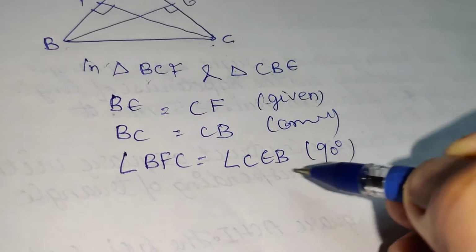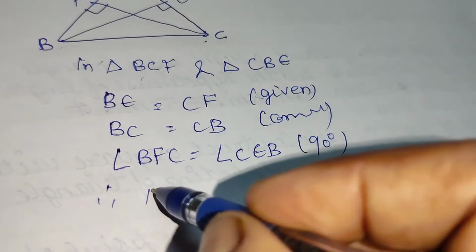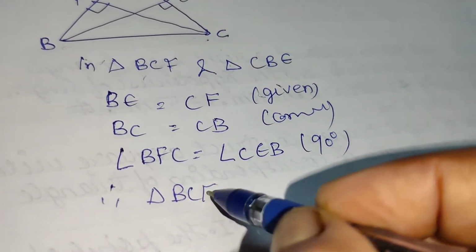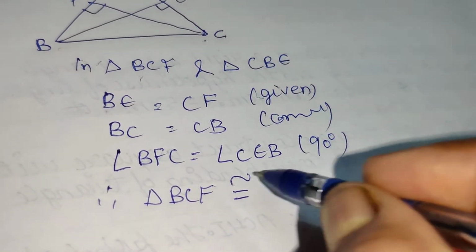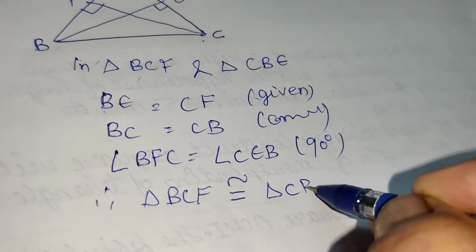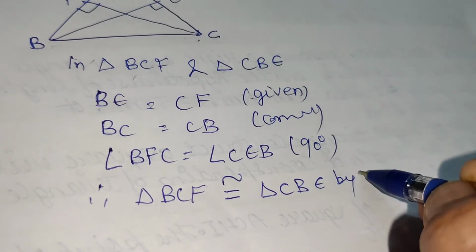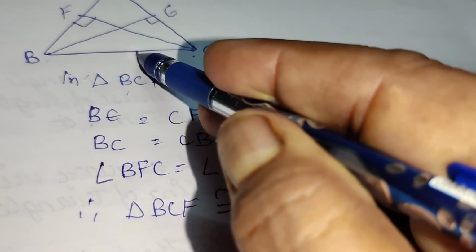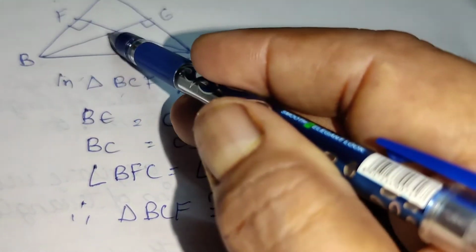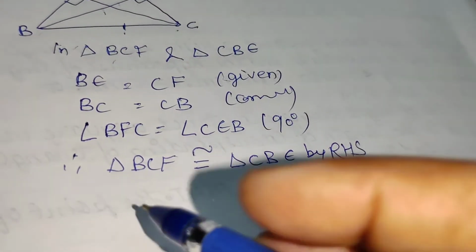These are the two altitudes. Therefore, triangle BCF congruent to triangle CBE by RHS. RHS means right angle, the side opposite the right angle BC is the hypotenuse, the side is the altitude, and 90 degrees.